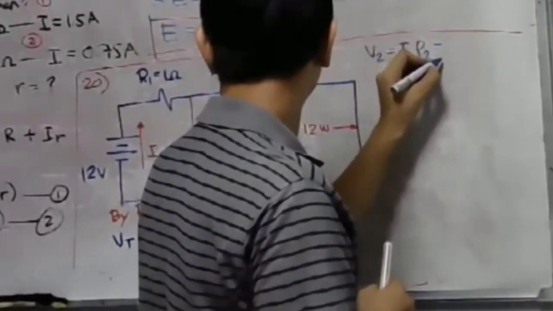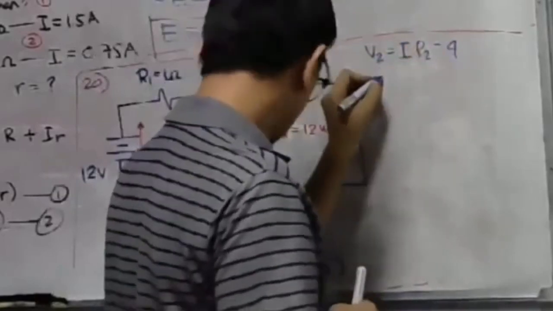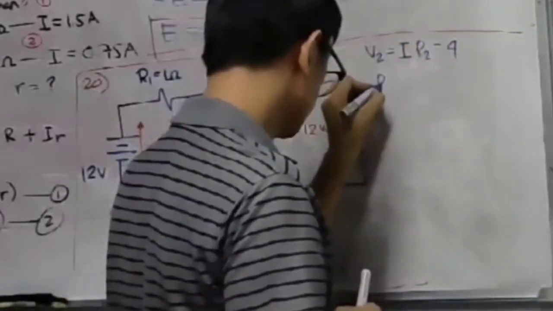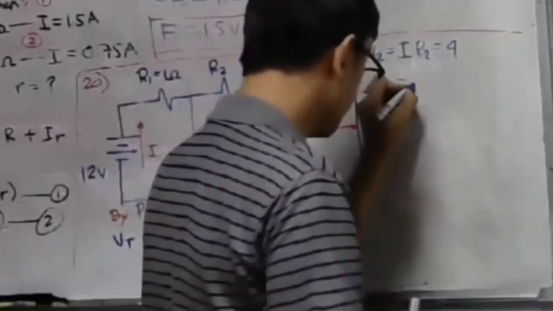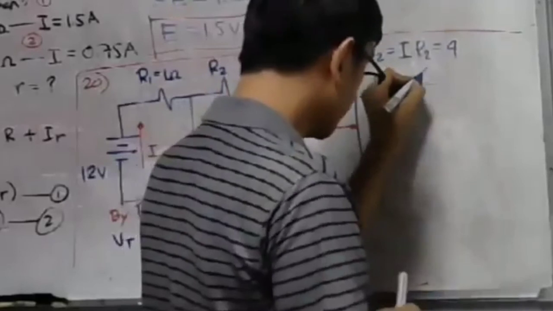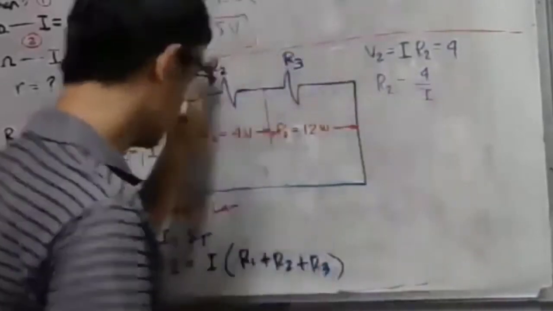That is already given to be 4 volts. So our R2 will be 4 over I.